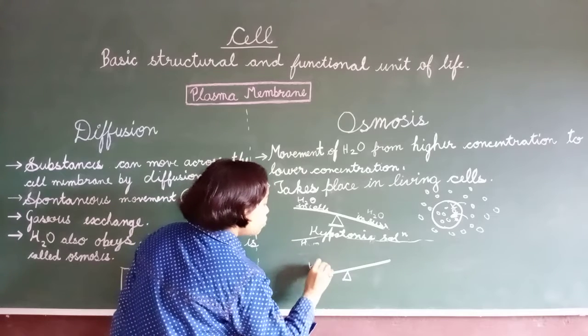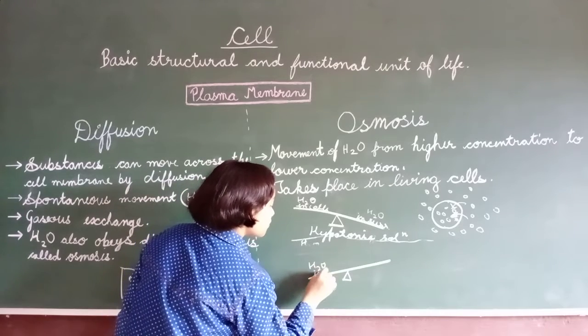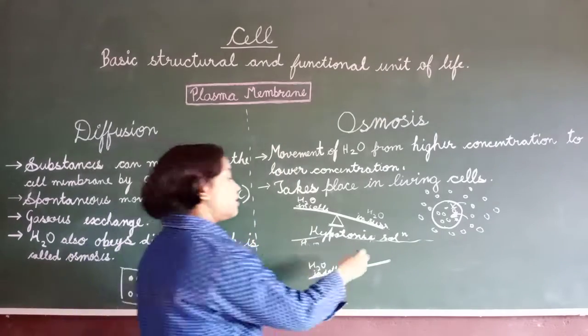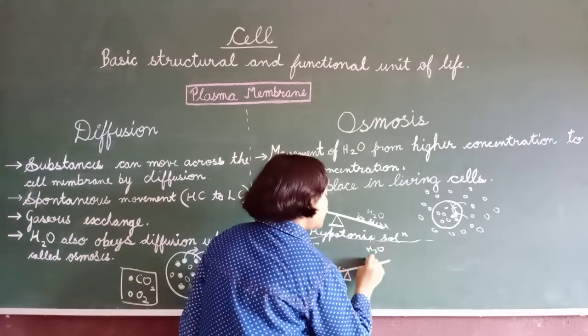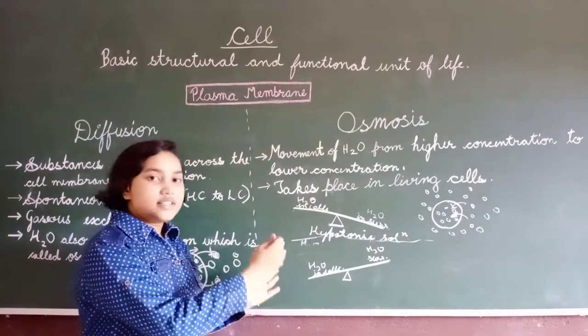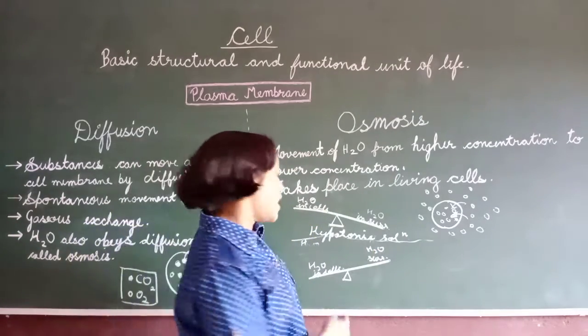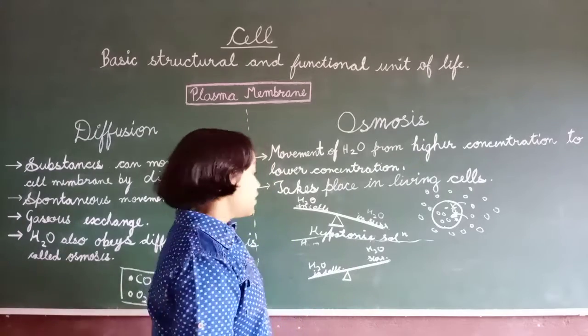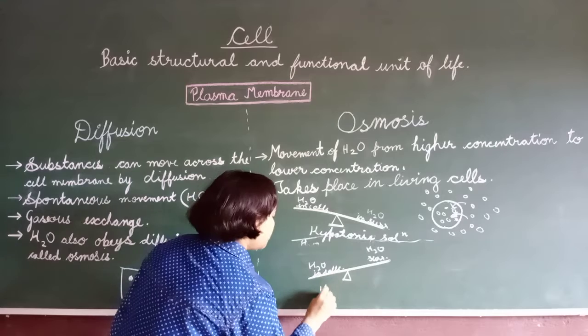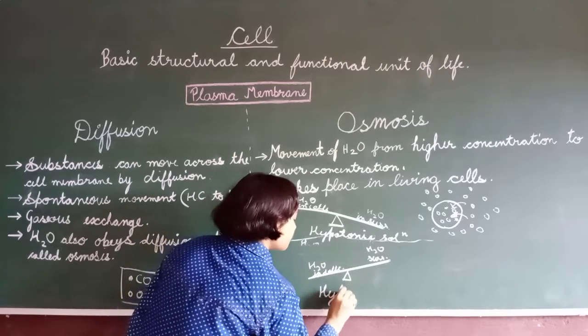When H2O in the cells is higher than H2O in the surroundings, this type of solution is called a hypertonic solution.